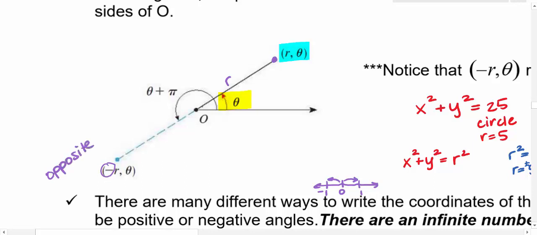So what happens is once we look at what is the r theta right here, for the original theta with that original given r value, if I wanted to look at how to write things and end up in the same spot, I can do that. But if I just change r, I don't end up in the same spot because I end up on what's called that opposite segment over here with a length of r still, right?